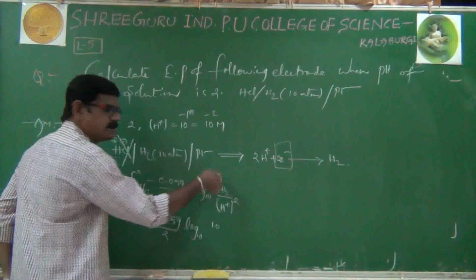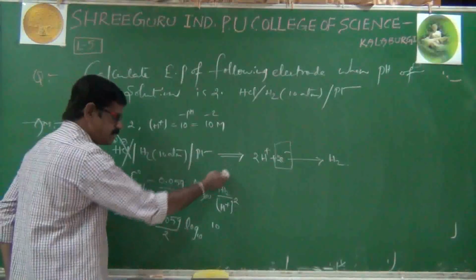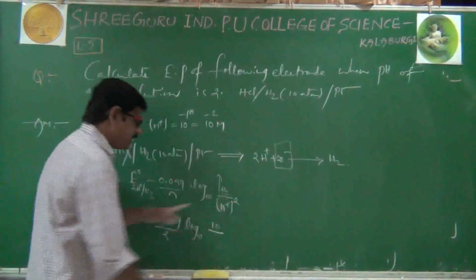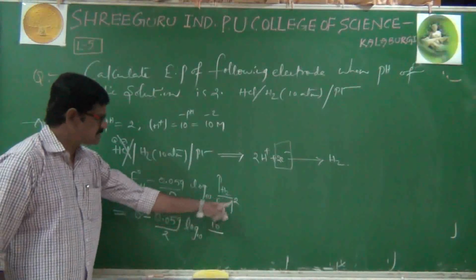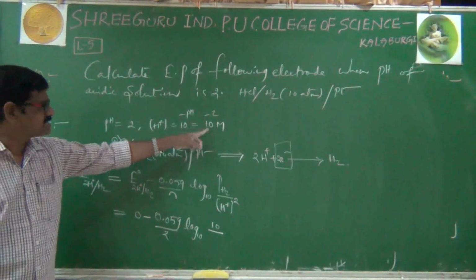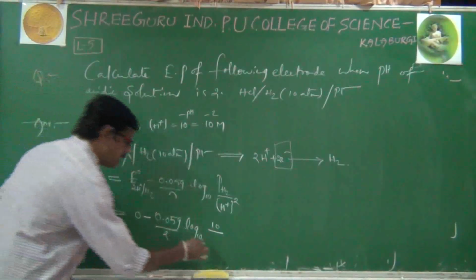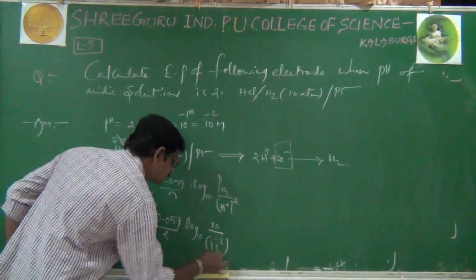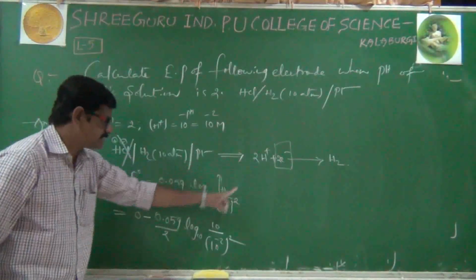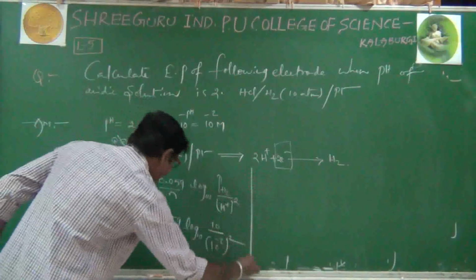There is no power for pressure. If there is some power like 1 by 2, we will write whatever the value given. Divided by H plus square. H plus concentration how much? 10 to the power minus 2. How is this H plus concentration obtained? From pH. Therefore, 10 to the power minus 2 whole square, because H plus is squared. Whatever the coefficient is, that coefficient is written as its power.